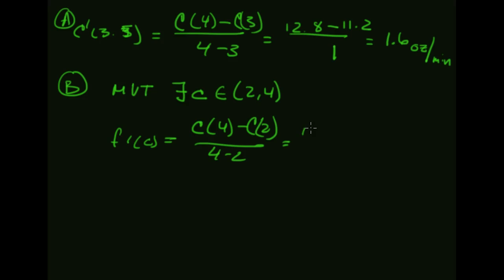C of 4 is 12.8. C of 2 is 8.8. That's 2, and lo and behold, that equals 2, which is the number that we're looking for. That's a Mean Value Theorem problem.